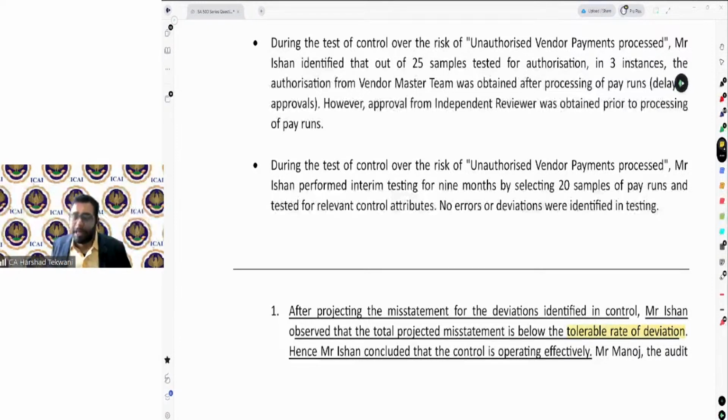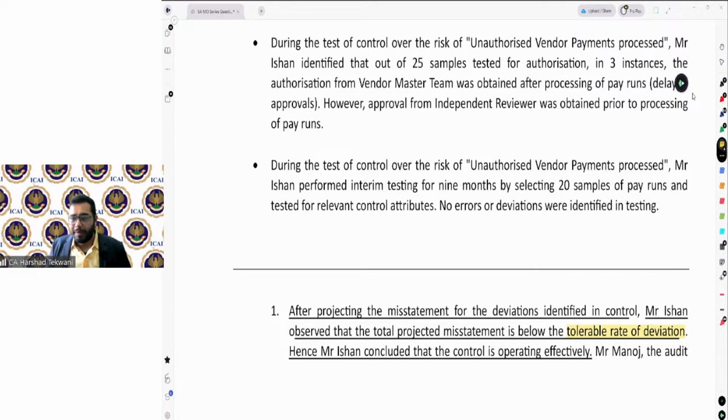Now we will see the application of some of the concepts from SA 530, SA 330, 315 into a practical example. Come on, guys, I'm waiting for your answer.